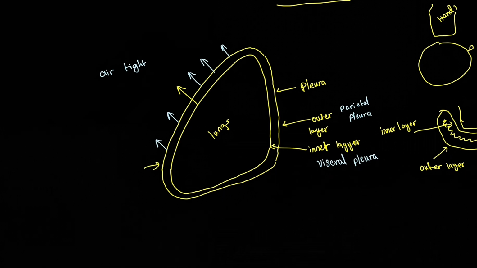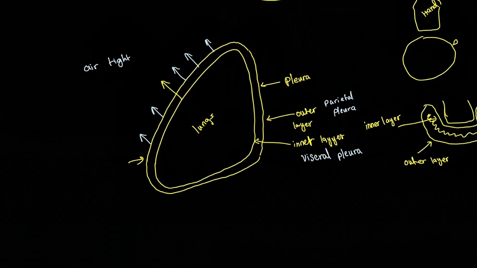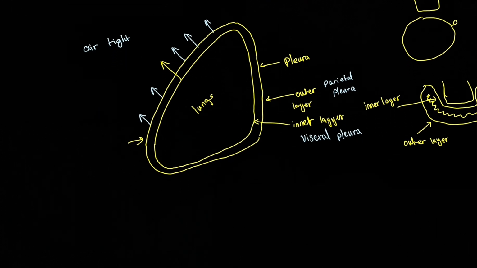The parietal pleura are connected closely with the thoracic cage, or the thoracic cavity, the ribs and the muscles. But the visceral pleura are connected closer to the lungs. It's like the visceral pleura is glued to the lungs, and the parietal pleura are glued to the thoracic cage.